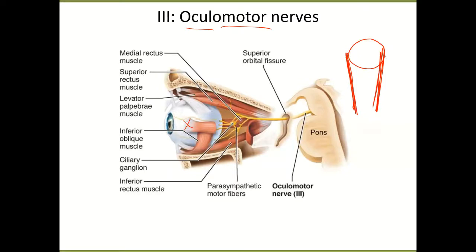Medial rectus muscles right next to your nose, lateral rectus muscles right next to your tear duct closer to your ear, right on the medial lateral sides of your body. Go figure. We also have a muscle that attaches directly at top, and then a muscle that attaches on the bottom too. We call those the superior and inferior rectus muscles.